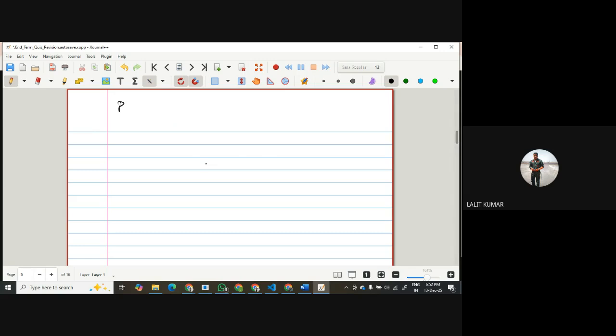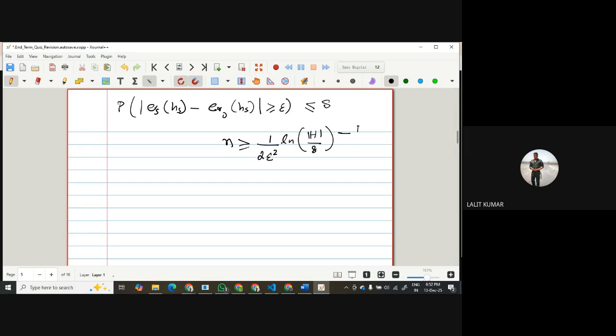Then the probability of E of S HS minus error D of HS greater than or equal to epsilon will be less than delta, and n has to be greater than 1 by 2 epsilon square natural log of the size of the hypothesis class over delta. This is the important formula. Is this okay? Clear with everyone?